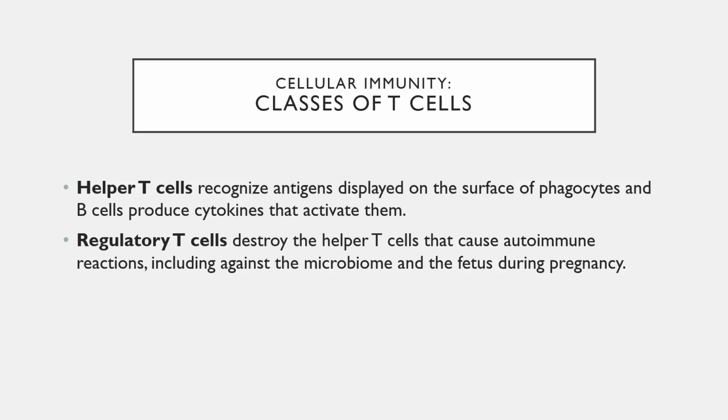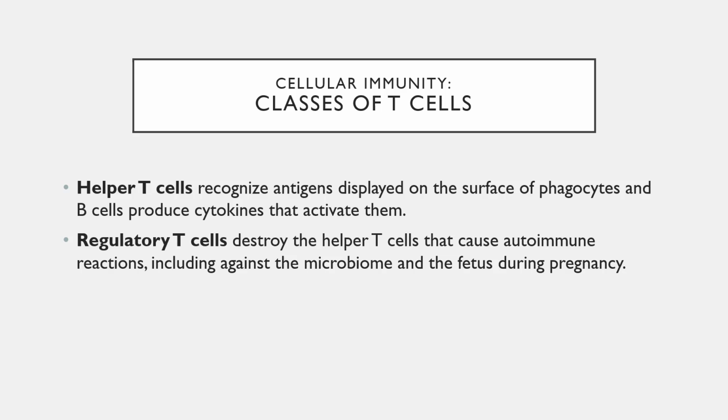They can cause reactions to normal beneficial members of the microbiome. They can also cause reactions to the fetus during pregnancy, both of which are major issues. So regulatory T cells rein in the over-enthusiastic helper T cells by destroying those that are programmed incorrectly.